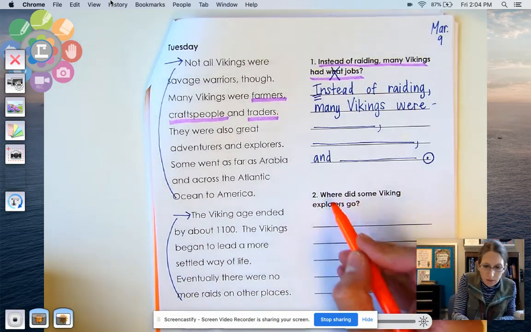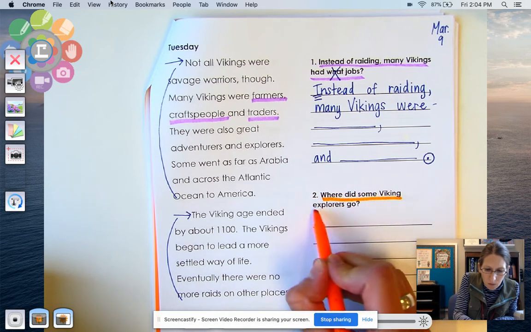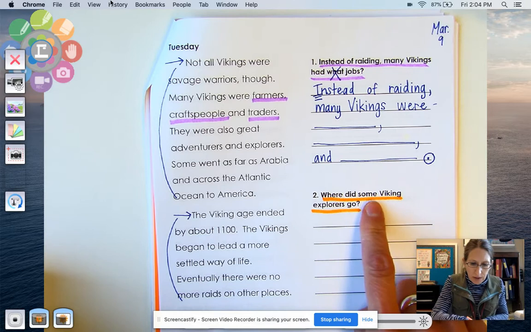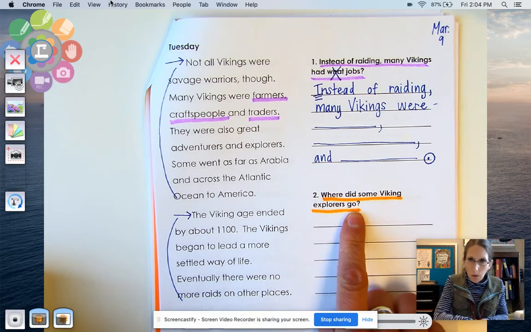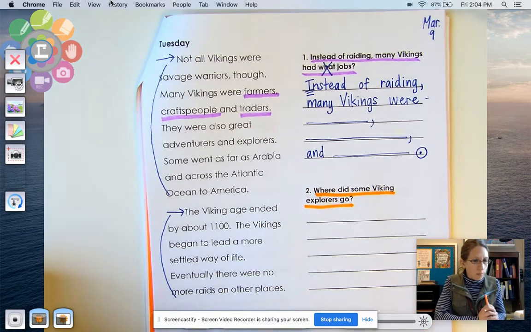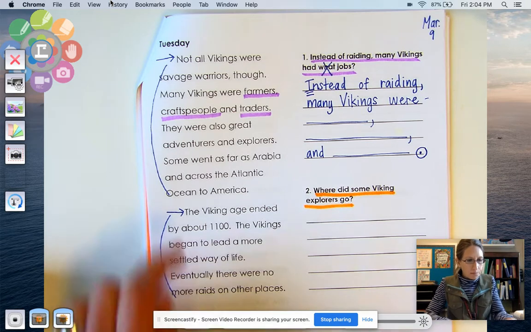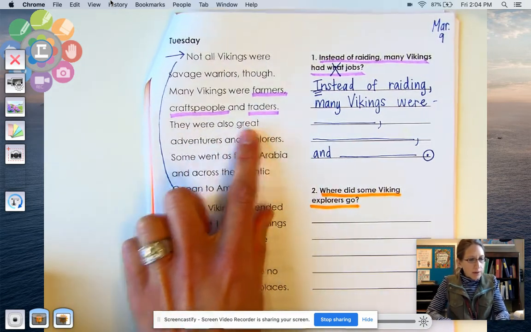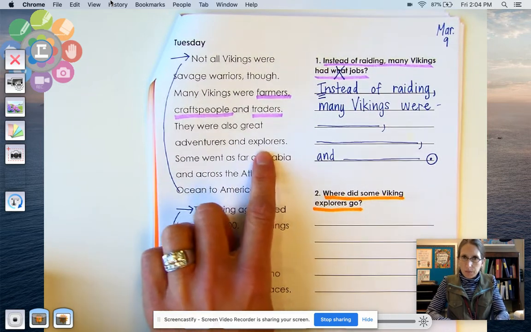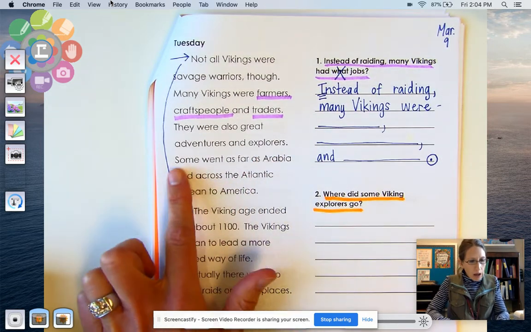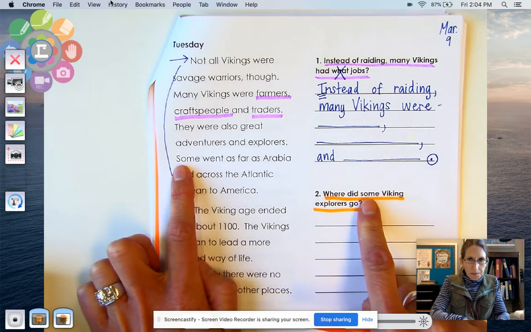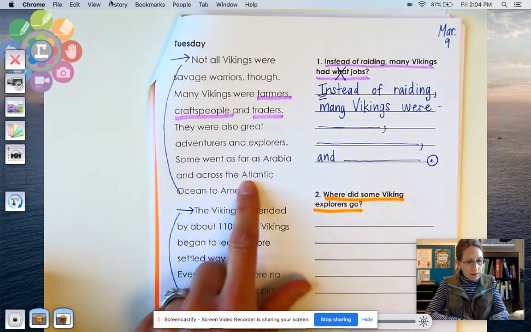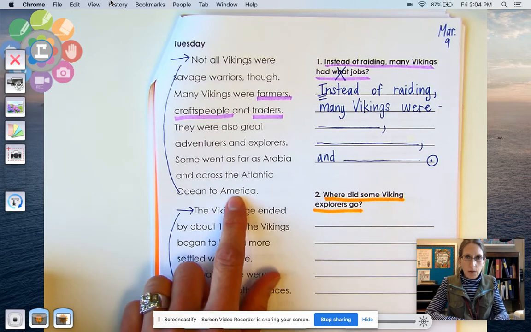I'm gonna use a different color. Okay. Where did some Viking explorers go? All right, so let's see. So we stopped reading here. They were also great adventurers and explorers. They sure were. Some went as far as Arabia and across the Atlantic Ocean to America.